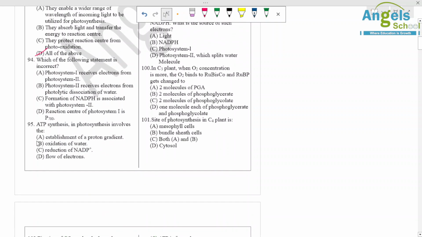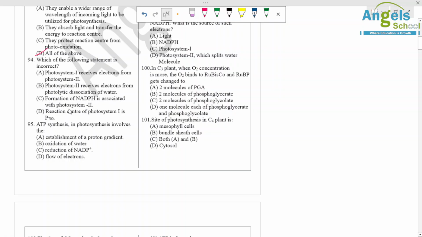Question number 94. Which of the following statements is incorrect? Photosystem 1 receives electron from photosystem 2. So it is correct. Photosystem 2 receives electron from photolysis of water.